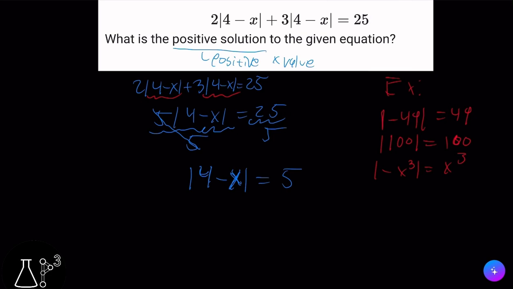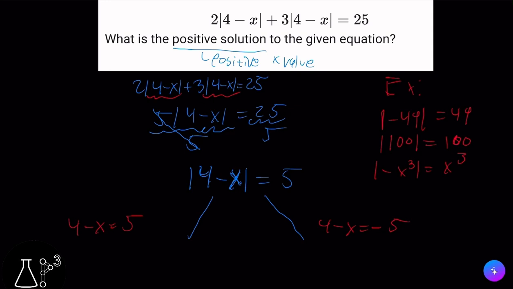So let's break the absolute value of 4 minus x equals 5 into 2 equations. We get, actually no, my mistake, we get 4 minus x, which equals 5, and then 4 minus x, which equals negative 5. Before we do anything, let's solve for the x values and see which one gives us a positive solution. Let's do the left side first.